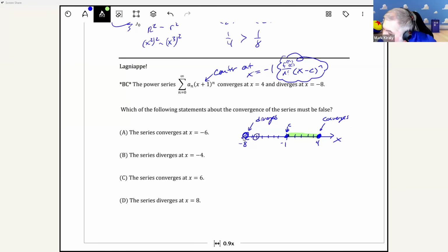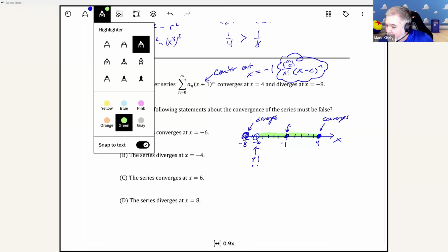I know we're good up until -6. Now, you might be wondering, hey, Mark, 4 was colored in. Why didn't you color in -6? Well, we don't know there because if 4 is an endpoint, then -6 might be an endpoint. And the endpoints are the one things we have to test individually. We know it converges absolutely inside, but the endpoints are the only places it can converge conditionally. And this thing might converge at 4, but not converge at -6, which means now I have to deal with my divergence.